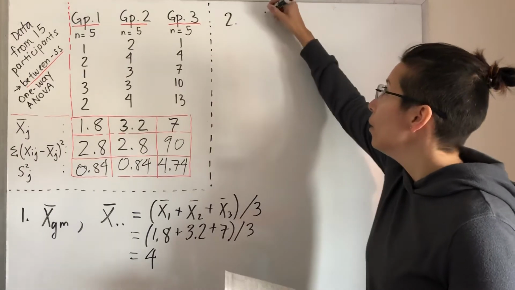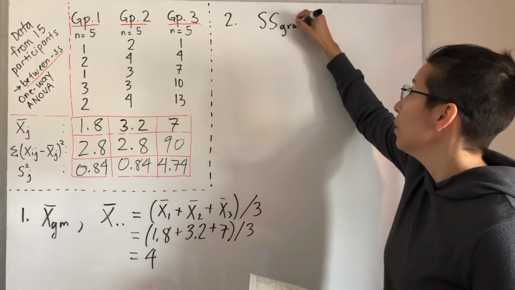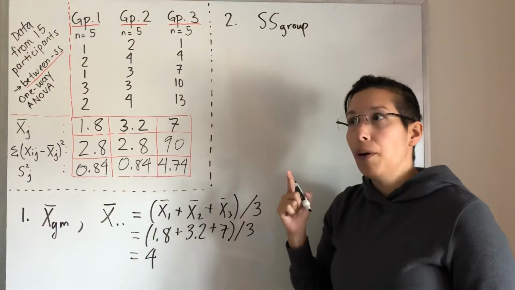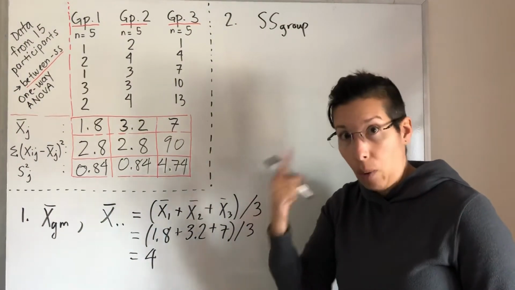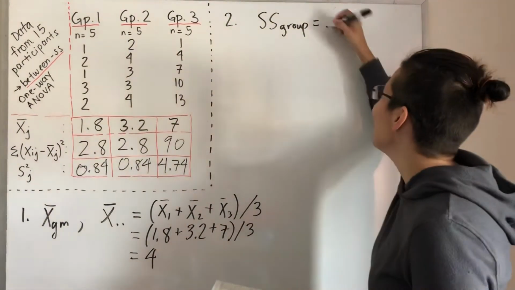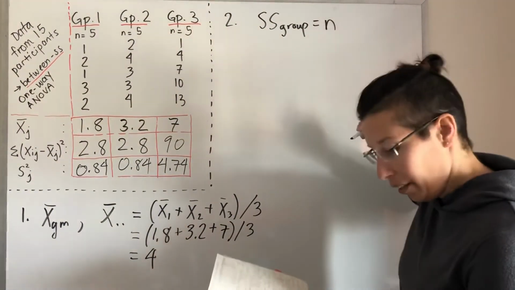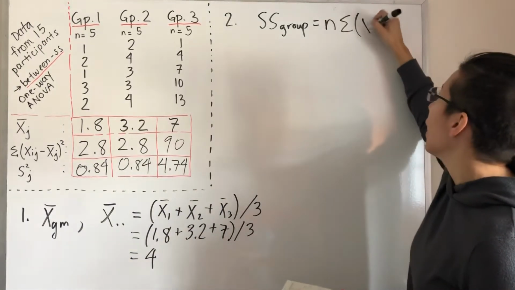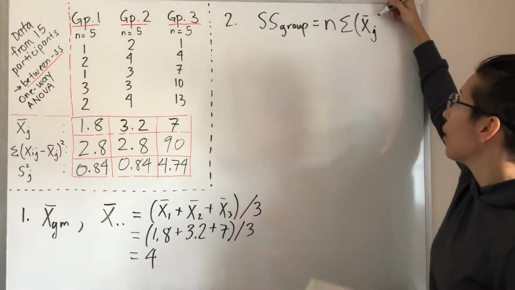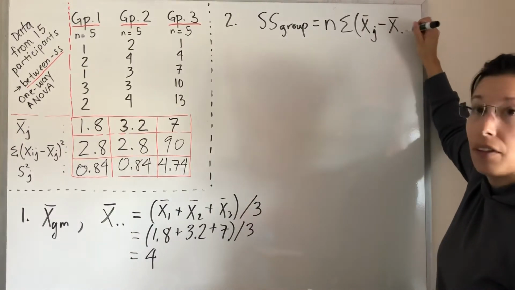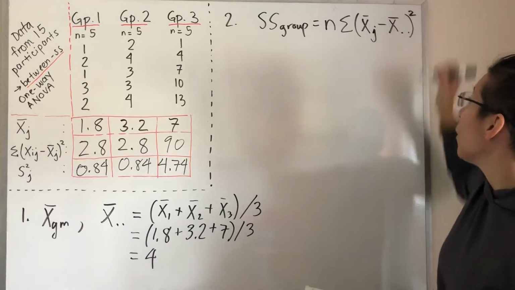Step 2, I want to look at the SS group, and we need to locate the formula for that if you don't have it in your head, which would be understandable. So we're going to have a little n, and then the sum of, xj with bars, so the group mean, minus the grand mean, and we square all those and we sum them.